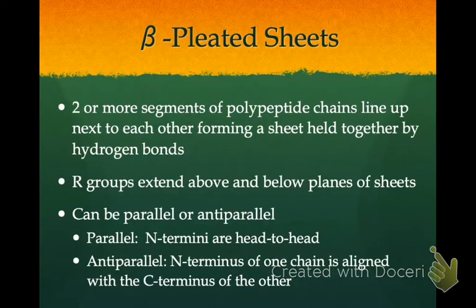Beta pleated sheets is the other form that the secondary structure may take, and this is where we have hydrogen bonding occurring, and it actually forms sheets almost like cardboard, and the R groups are found sticking up or down from these sheets. Let me show you what that might look like.